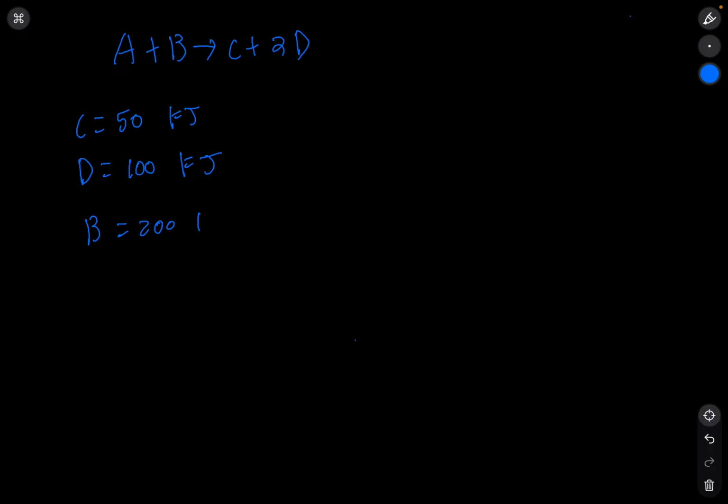So let's say we have the same equation, A plus B, and then C plus 2D. But let's change our numbers a little bit. Let's say the total enthalpy change of C is equal to 50 kilojoules. And then let's say D is equal to 100 kilojoules. Then let's say both B and A are 200 kilojoules.